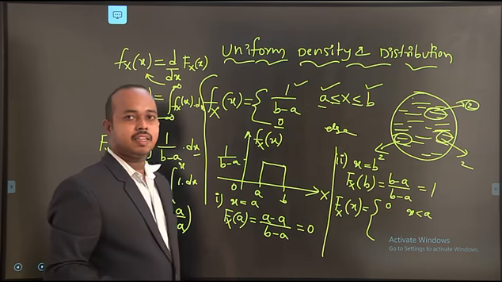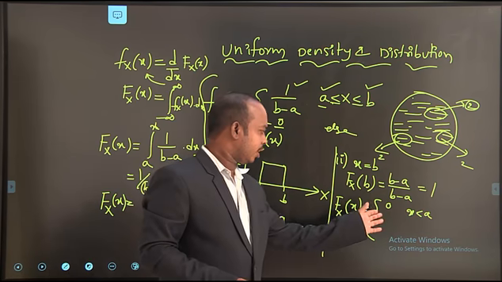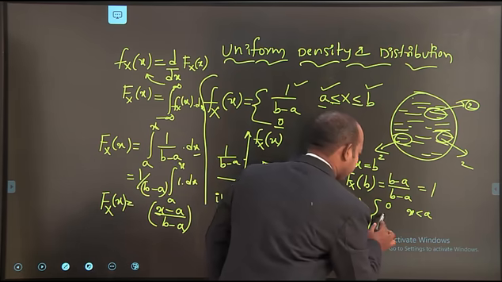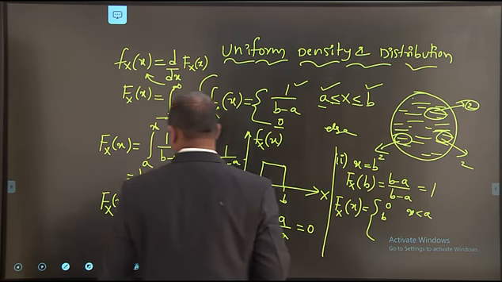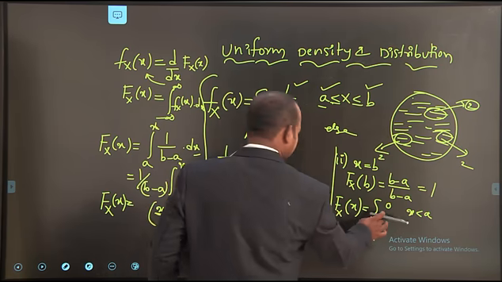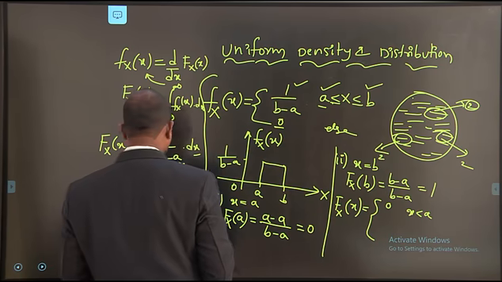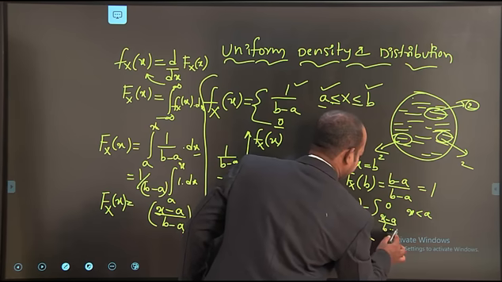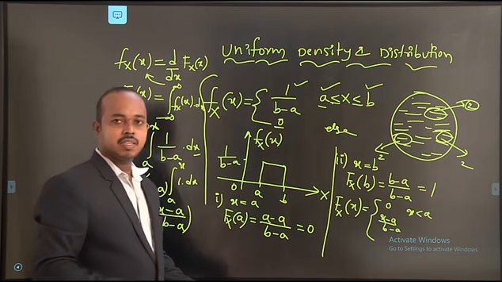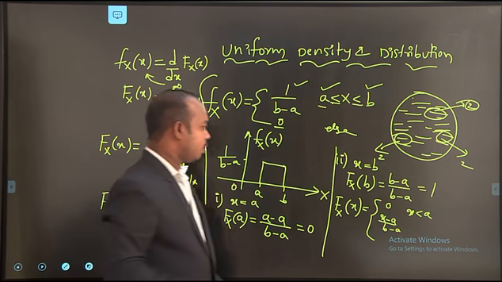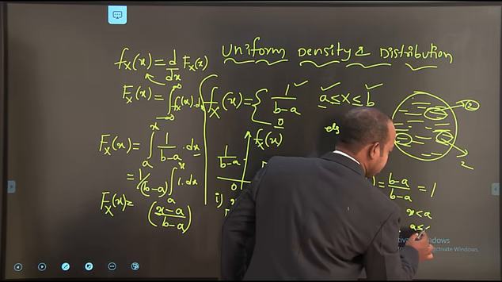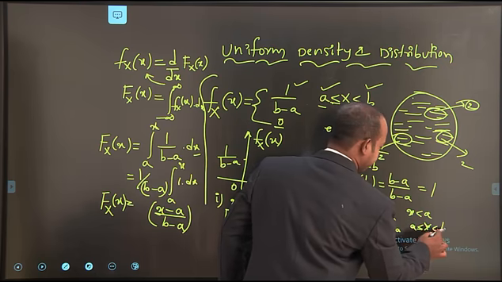The uniform distribution quantity is 0 there. Then the function value is x minus a divided by b minus a when a is less than or equal to x less than b.